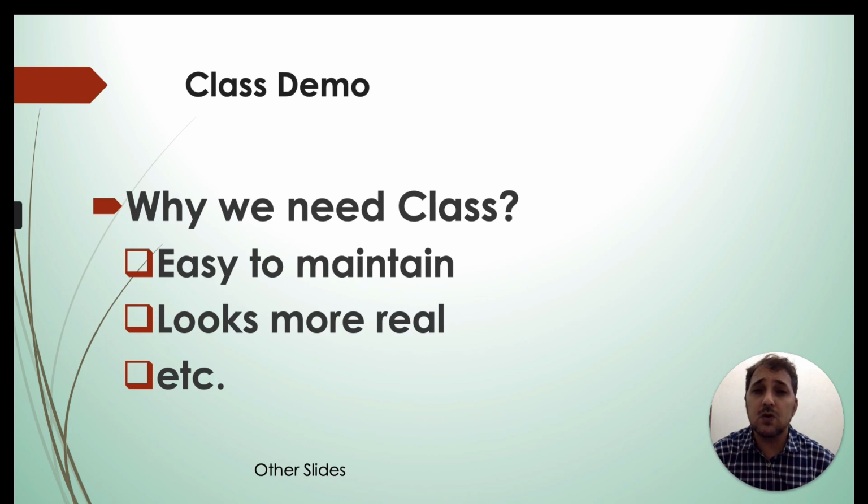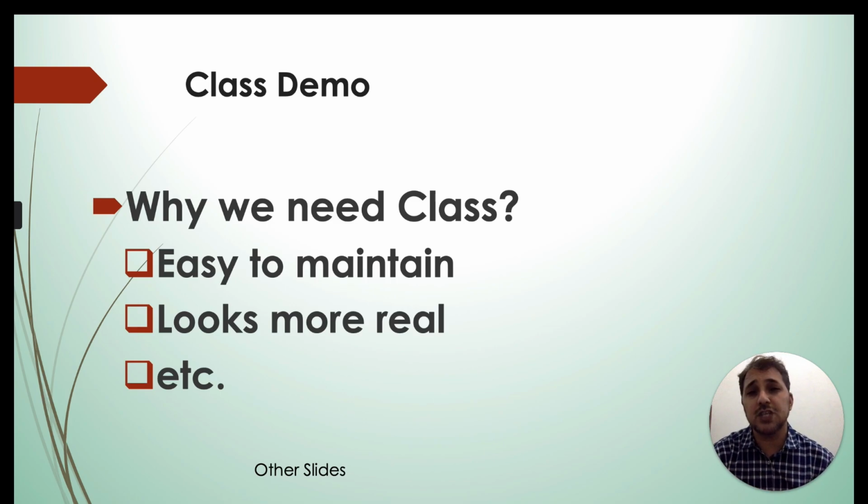Okay, so these are the basic reasons why we need classes and objects. The easy definition: classes and objects look real and are easy to maintain. Why easy to maintain? Because the properties are in a separate area, and the functionalities are in a separate area.